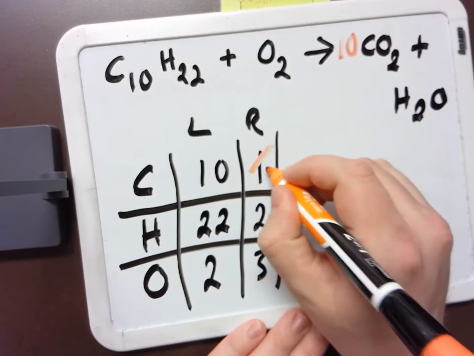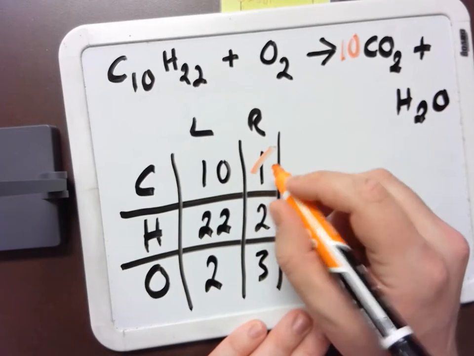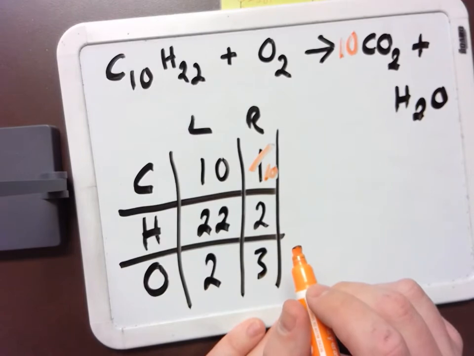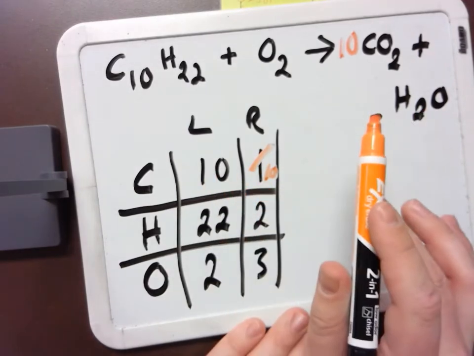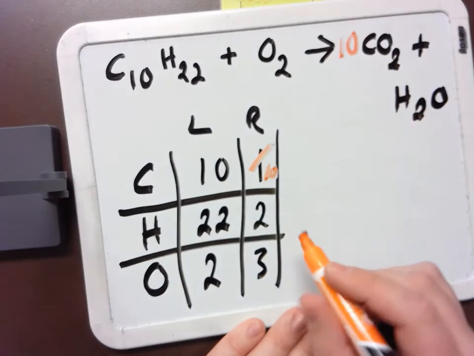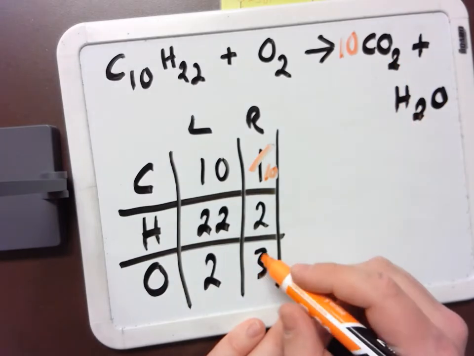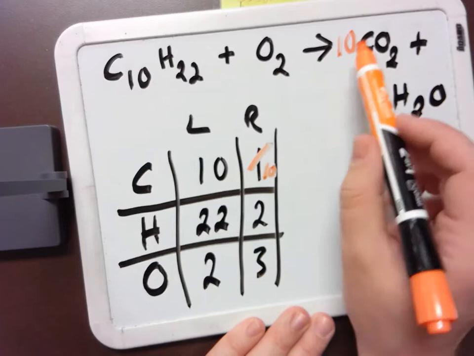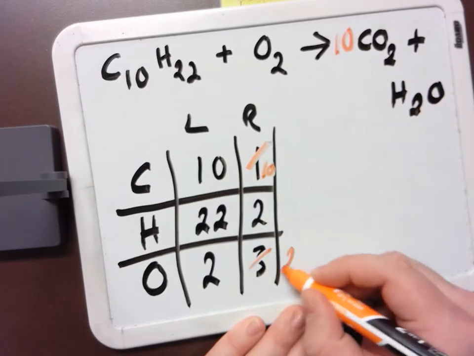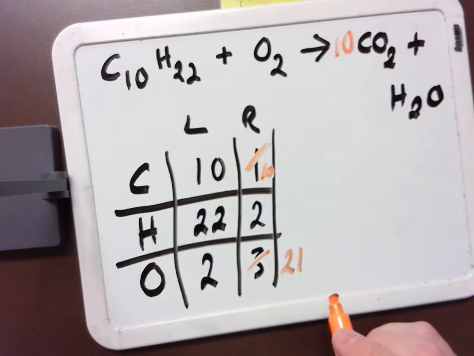We now have 10 on the right, 10 on the left. So our C is balanced. We have to multiply this one by 10. So now our O goes from 3 to 2 times 10 is 20 plus 1. So now we have 21 on our right side. So we got a little bit of work to do.